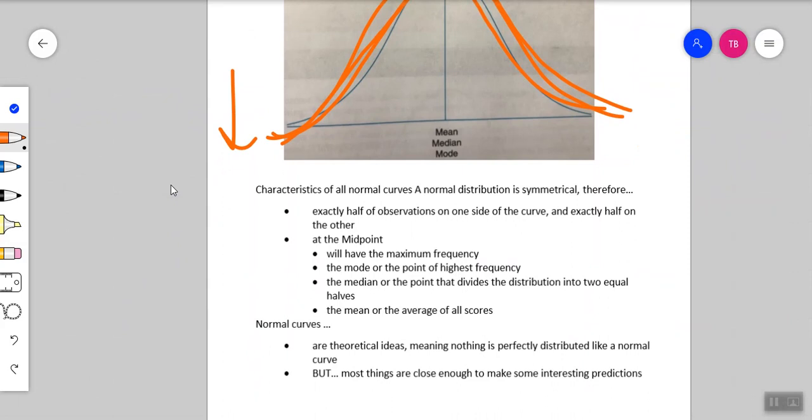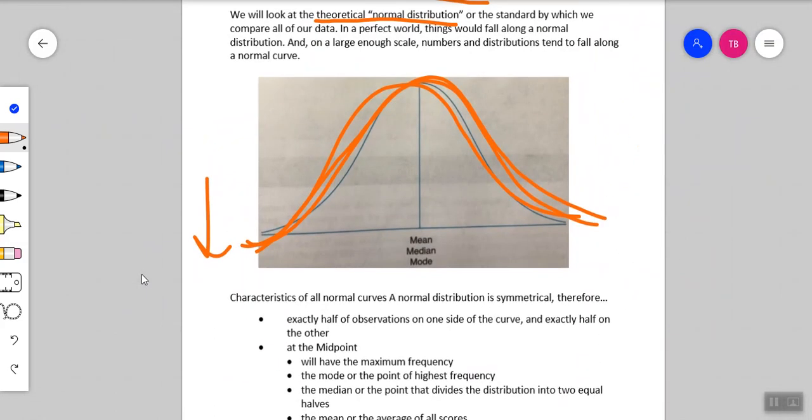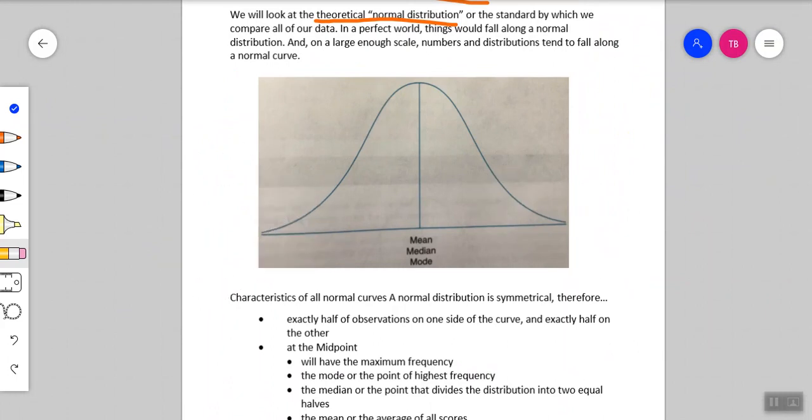This would be important. So one of the things I'm going to take a look at as we take a look at this normal curve, let's clear it up a little bit. So as you look here, we see this normal curve, and we see in the middle, the mean, median, mode are all the same. So that's a unique feature of it, a perfectly symmetrical curve. That means this side and this side are exactly the same percentage.